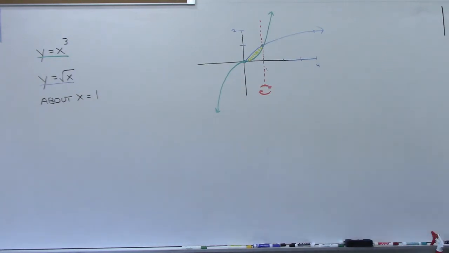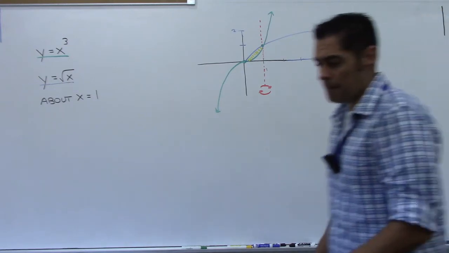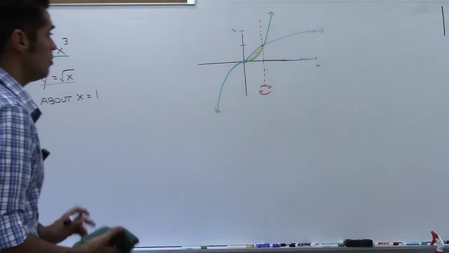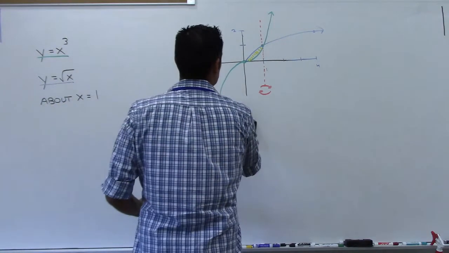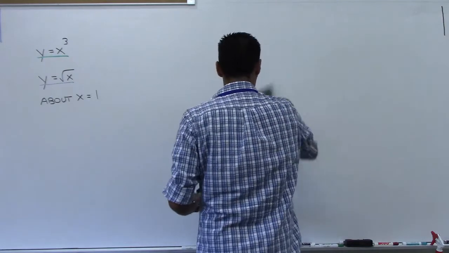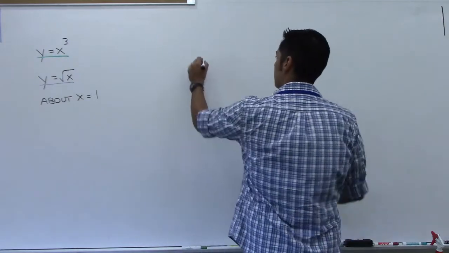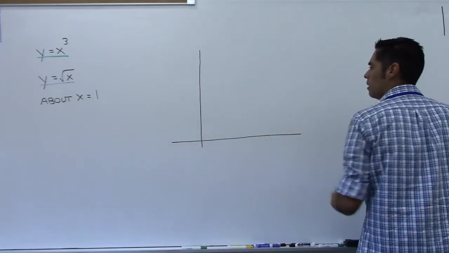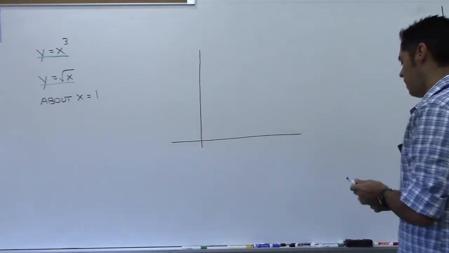Okay, so I look at this picture, I realize, you know what? I drew it a little too small. I'm going to start over just to give myself some more room to work with here. So I'm going to erase this. We come back in here. Focus a lot of my attention here in that first quadrant, like this.